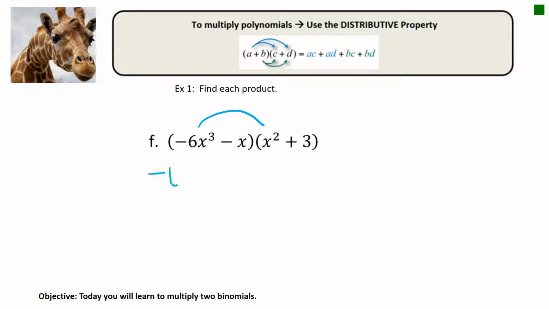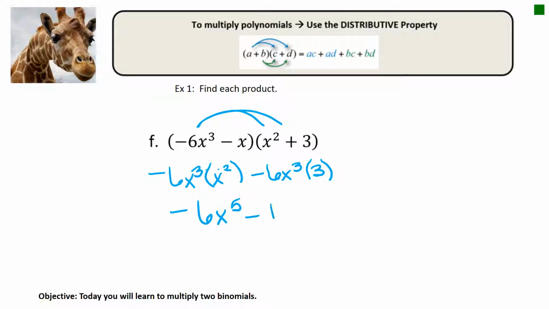We've got a negative 6x cubed times x squared. That's negative 6x to the 5th. Remember, when we're multiplying, we're just adding the exponents. We've got a negative 6x cubed times a positive 3. That's negative 18x cubed. Now this is a negative 1x times x squared.